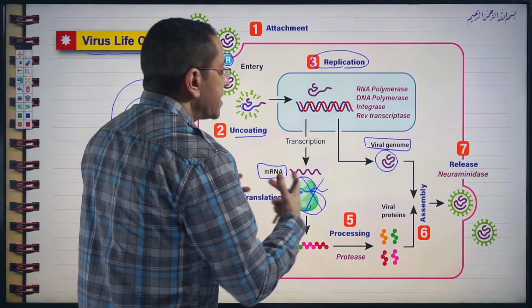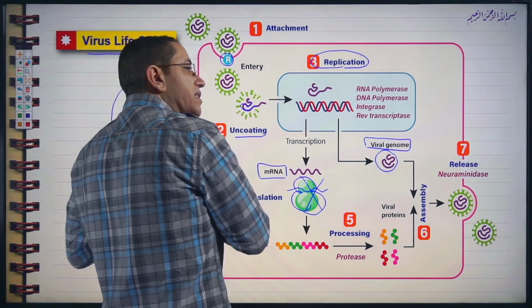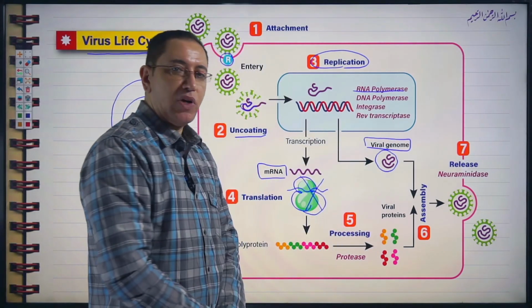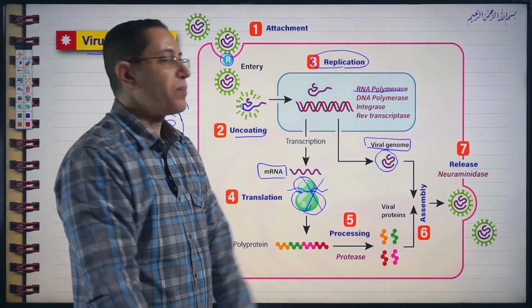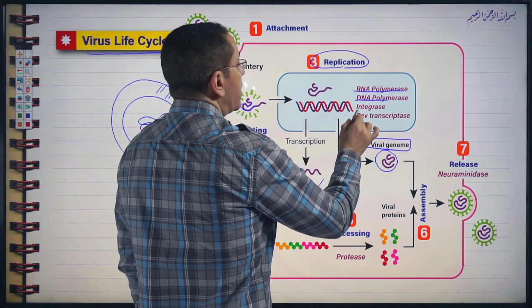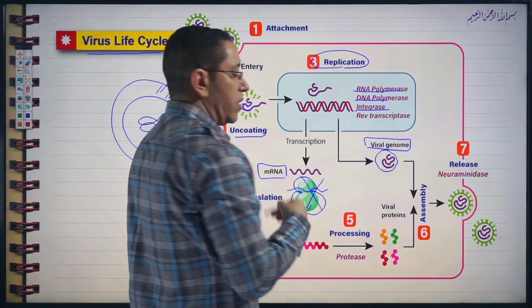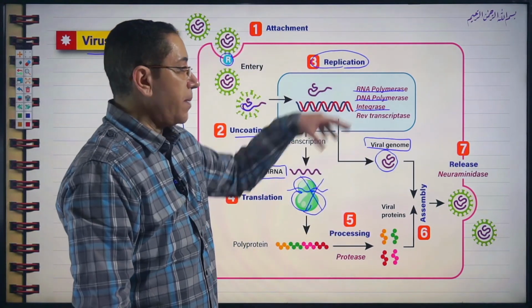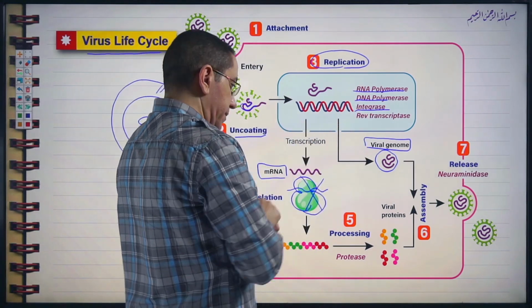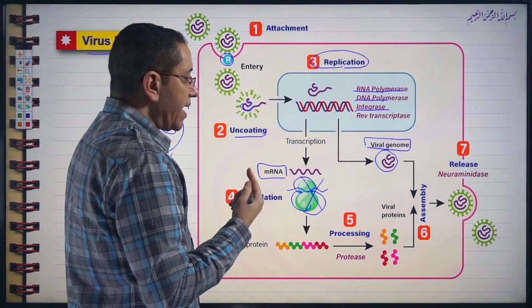Say, if this virus is an RNA virus, then it must need an enzyme called RNA polymerase. Polymerase means it is a copier enzyme. If it is a DNA virus, then it needs a DNA polymerase and it might need another enzyme called integrase or reverse transcriptase, and it might need others. What matters is that for the virus to be able to do these processes, it needs many enzymes. I want you to note something.